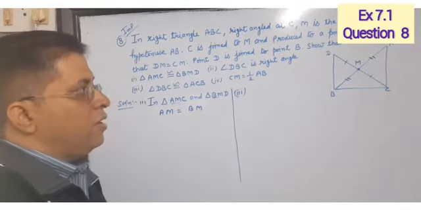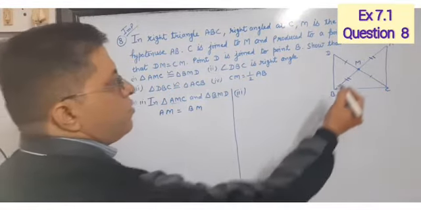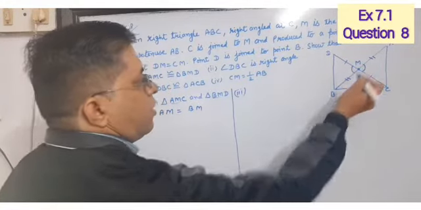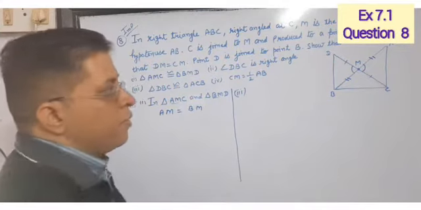Now one more thing: this angle is equal to this angle. These are vertically opposite angles.